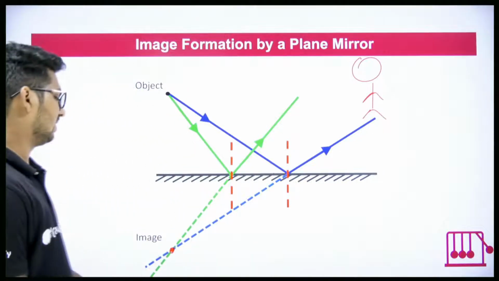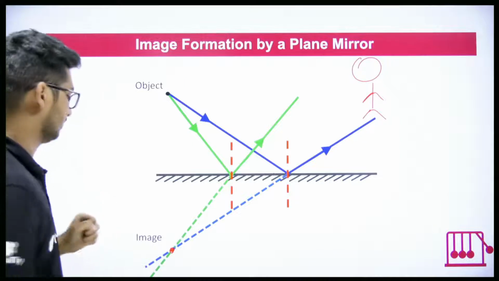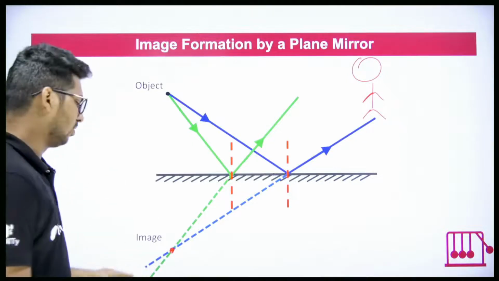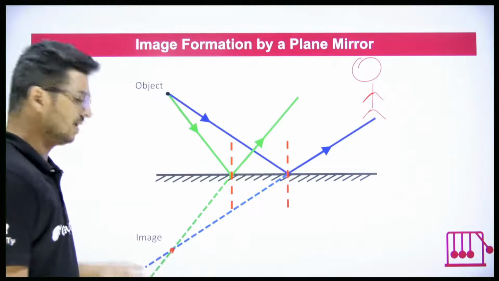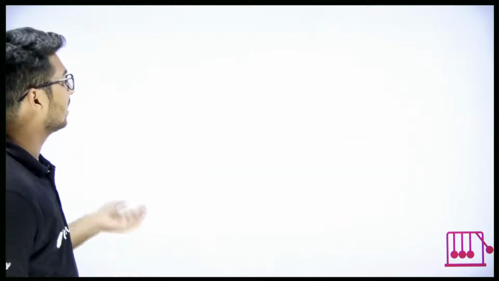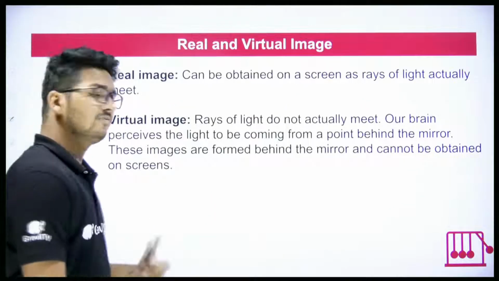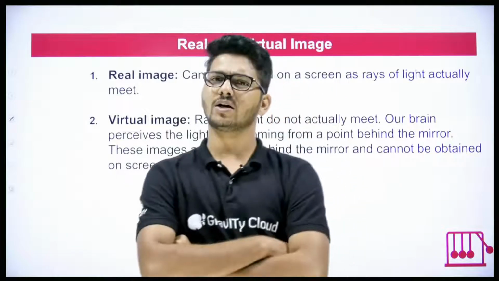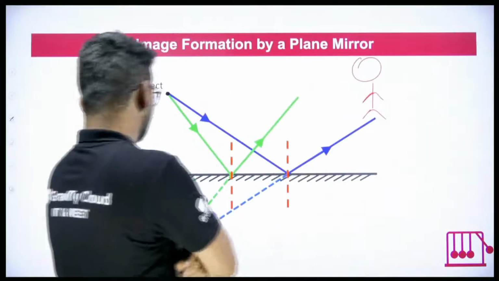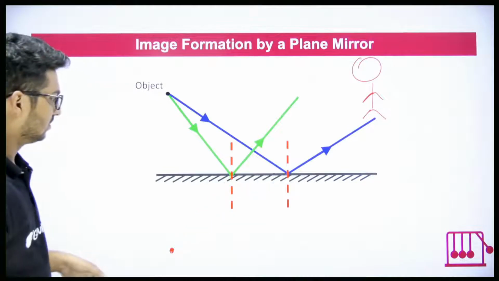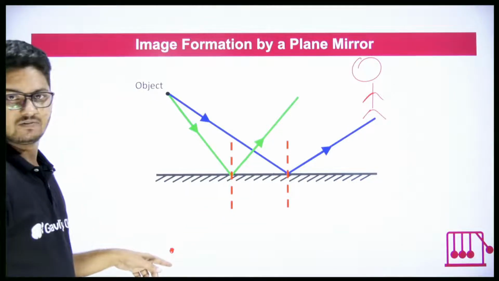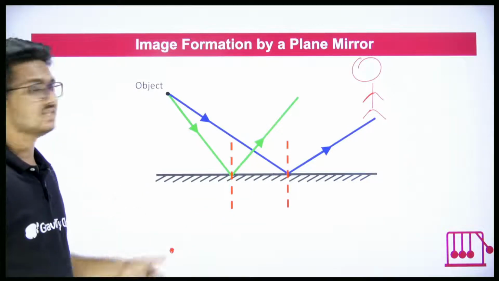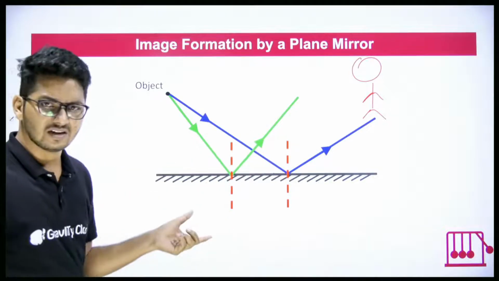Now if you look at this, there are some properties here. We'll be going into the properties of the image formed one by one. Don't worry. Okay, let's continue. Before that, let's go into something called real and virtual images. What are they? In this particular case, this is where the image is formed. But at the image, are the rays actually meeting?